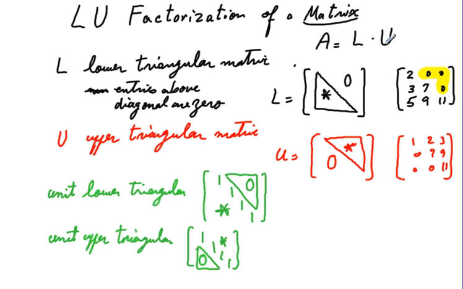What is the significance of them? The significance is that these are the steps that you carry out to achieve your echelon form in the forward elimination. All that data is gathered inside L, and U is what is left at the end of your forward elimination step in Gaussian elimination.